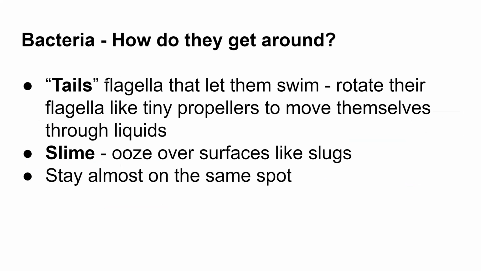We just said that they have tails, these flagella, that let them swim. They rotate their flagella like propellers, and they can move through liquids quite easily. Some bacteria produce slime, and they can ooze over surfaces like slugs. Most of the time, bacteria stay in the same spot and don't really move around.